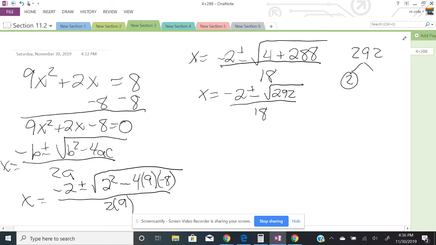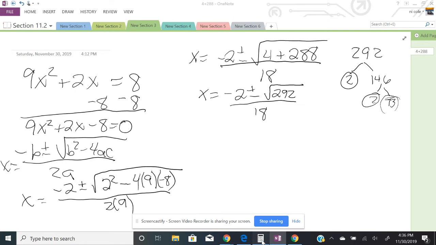So I know I've got 2 and 146. Now I can factor that again. I get 2 and 73, and I think 73 is prime, so I will circle that.